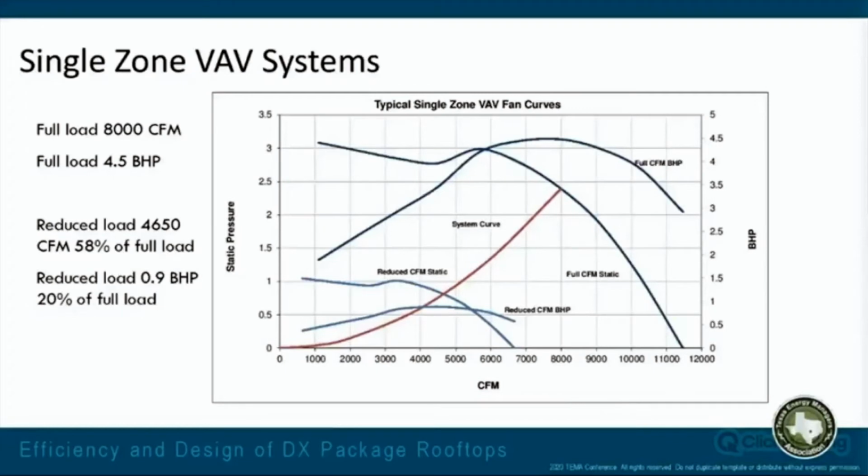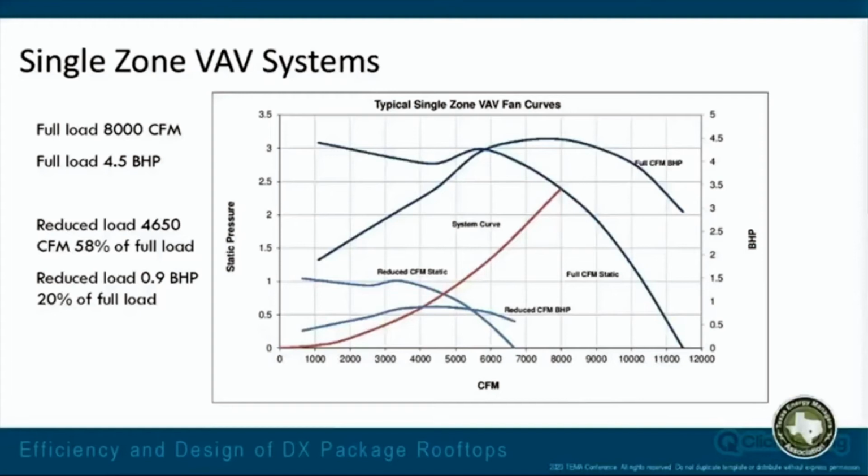At 8,000 CFM in this case, the full load is 4.5 brake horsepower. We're going to reduce that load to 4,650. It's 58% of full load, and it will reduce the brake horsepower needed from 4.5 down to 0.9, which is 20% of full load.